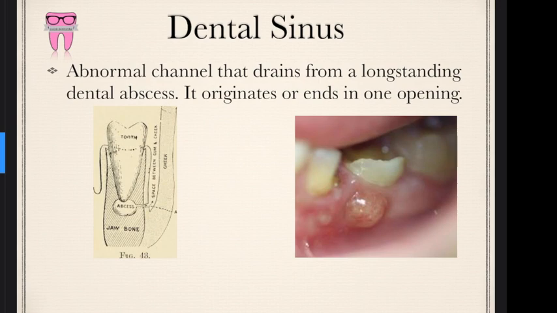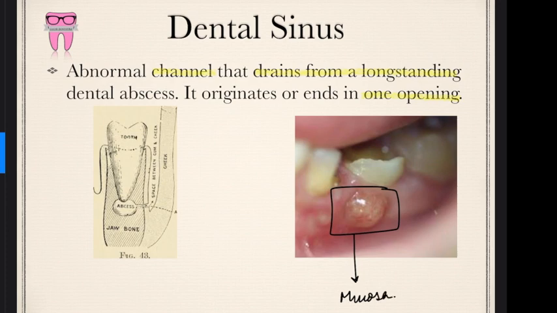But why dental sinus has been classified under the lesions above the level of the mucosa is because the dental sinus is an abnormal channel that drains from a long-standing abscess, and it originates or ends in one opening. As you can see in this picture, the sinus is opening on the mucosa. It's above the level of the mucosa.